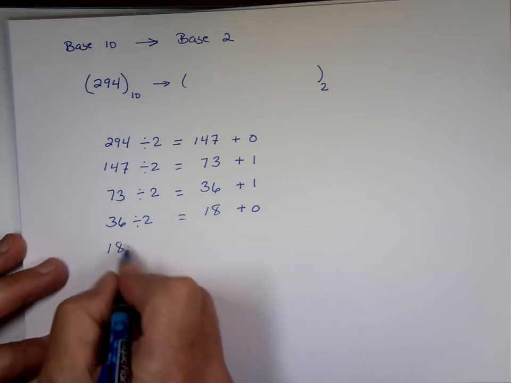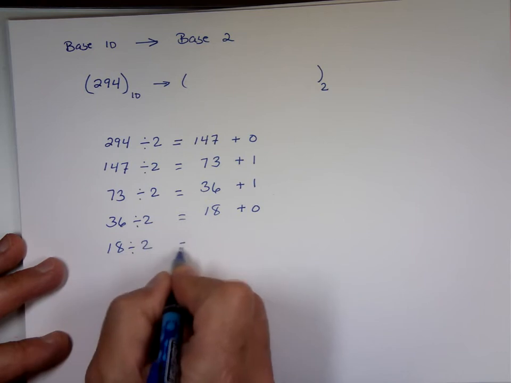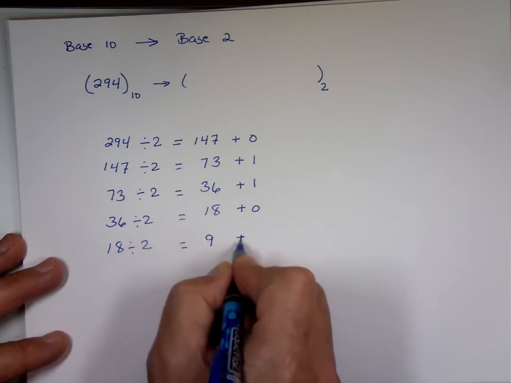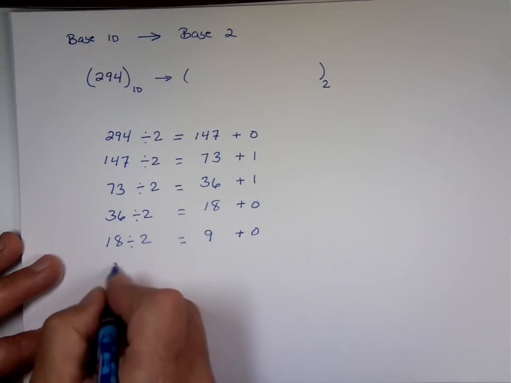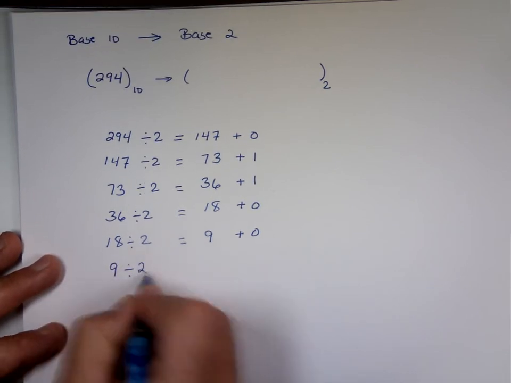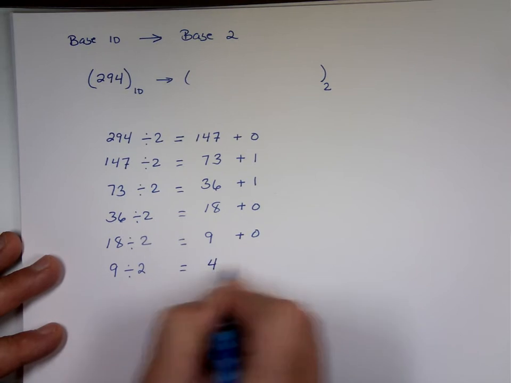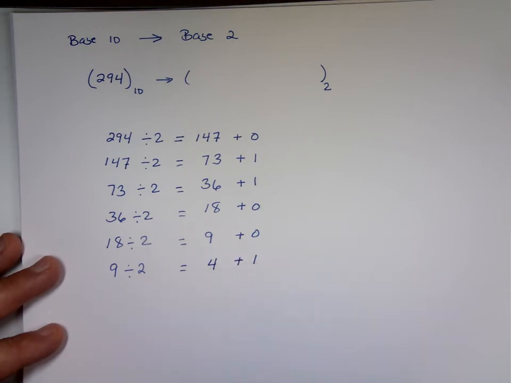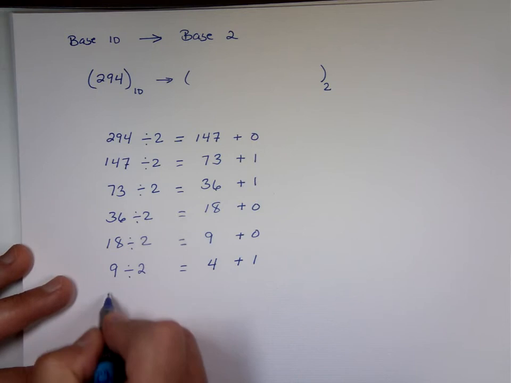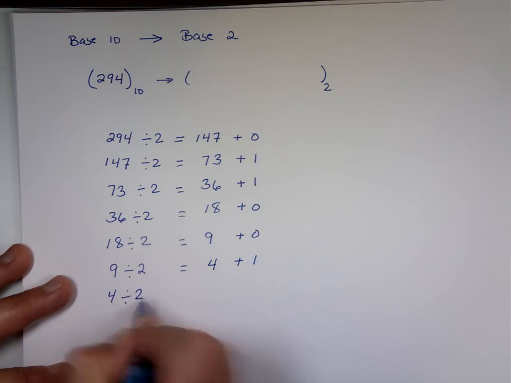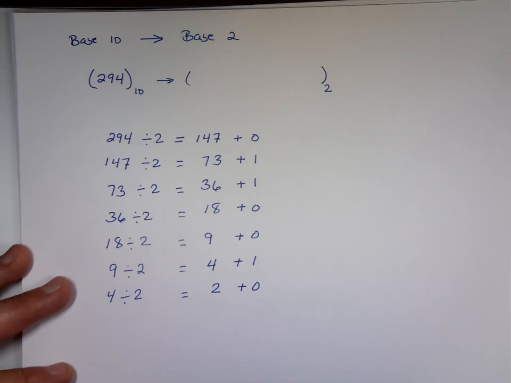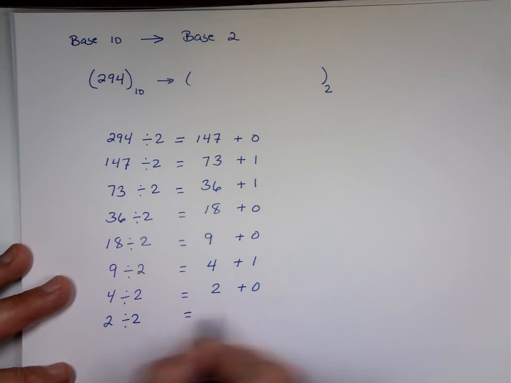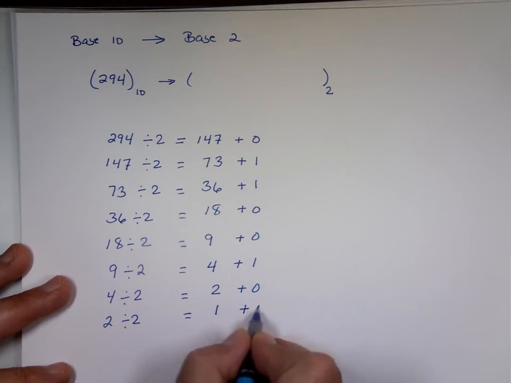18 divided by 2, 9, remainder of 0. 9 divided by 2, 4, remainder of 1. 4 divided by 2, 2, remainder of 0. 2 divided by 2, 1, remainder of 0.